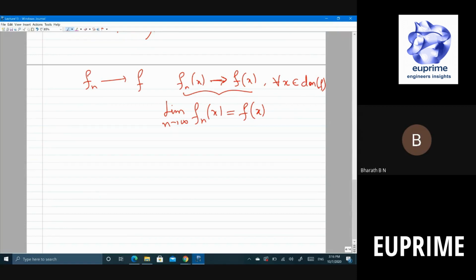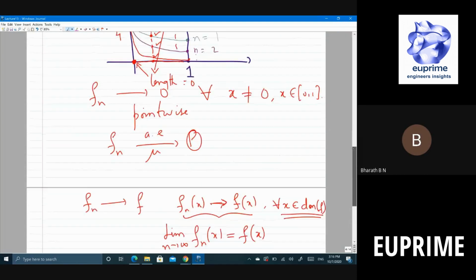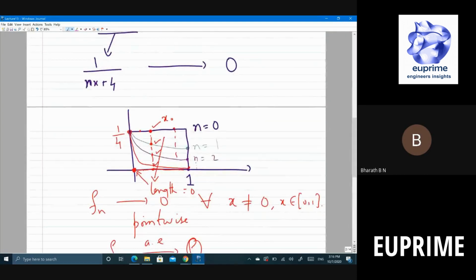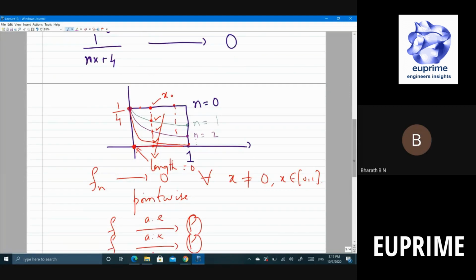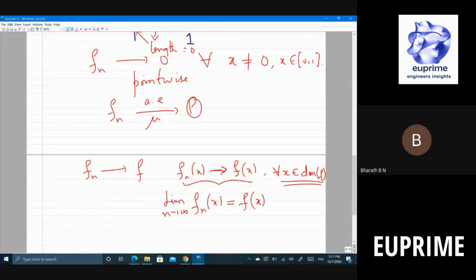So if this happens for all x in the domain, then we say that fn of x converges to f of x pointwise. Now, what is happening here in this example? Well, it's converging to 0 for all points in the domain except for one point. But do I really care about that point? Not really, because it has measure 0. Then we say that it converges almost everywhere to 0.